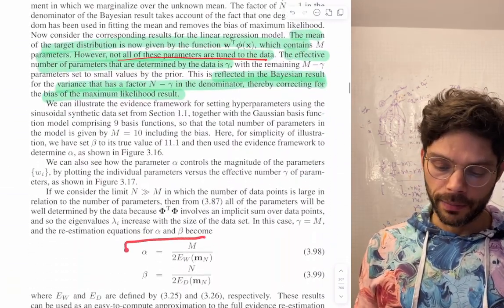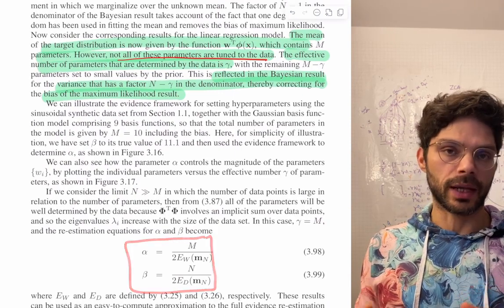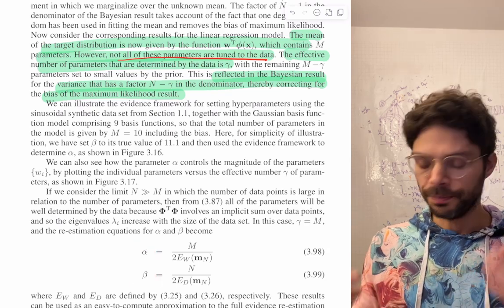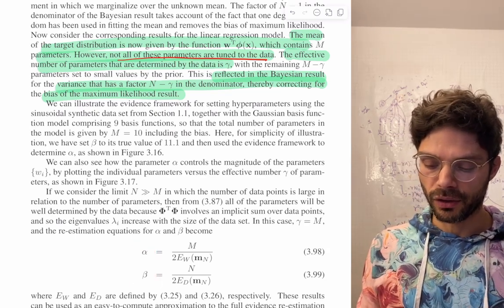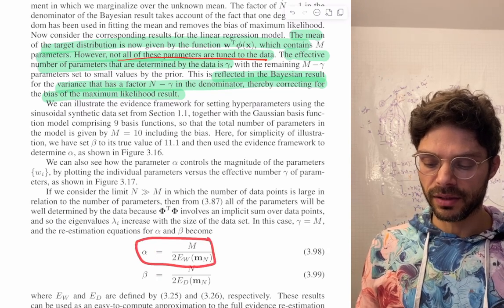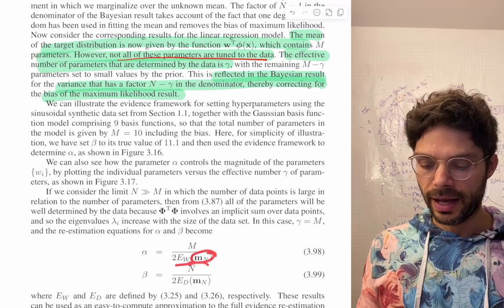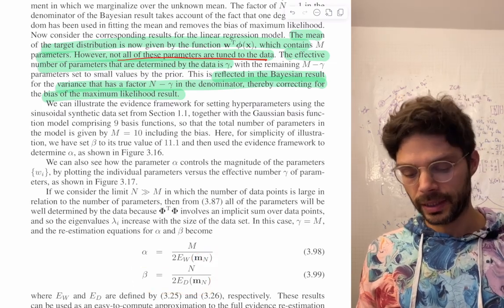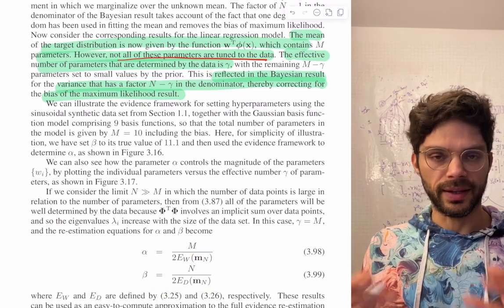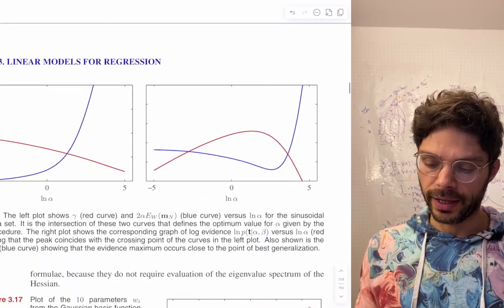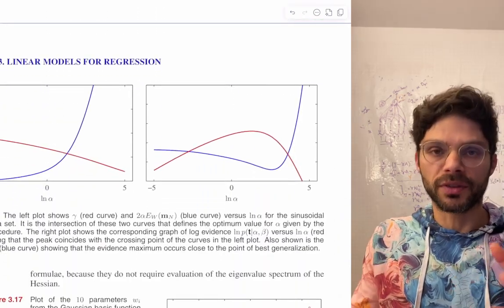And based on some of those insights, we came up with very simplified approximations for alpha and beta, where you don't have to work out the Hessians or anything. You can just estimate alpha as the variance of the maximum likelihood weights, and beta as the variance of the maximum likelihood residuals, in the limit of large data. So that was cool. And then we saw, at least in one test of this whole procedure, does it actually work?